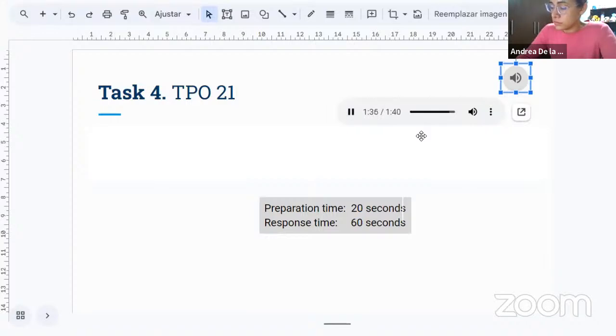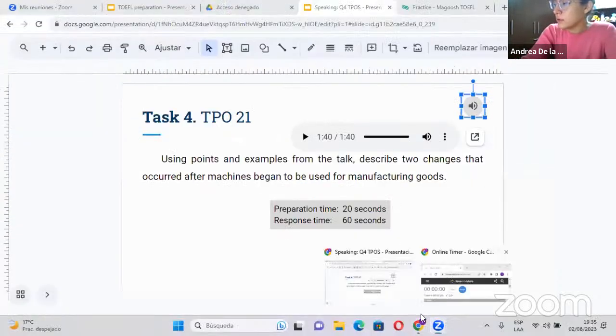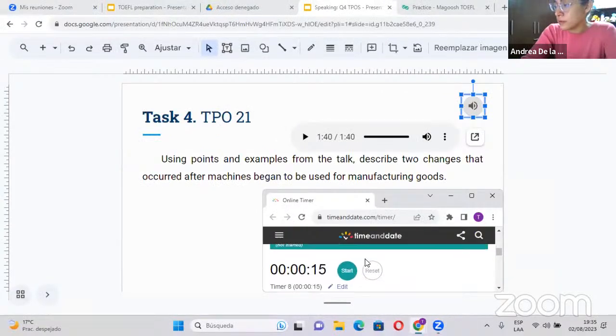As a result, the village got bigger and bigger and eventually grew into a city. Now, using points and examples from the talk, describe two changes that occurred after machines began to be used for manufacturing goods. You will now have 20 seconds to prepare your responses.